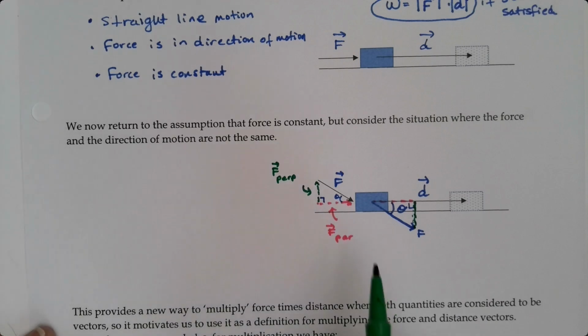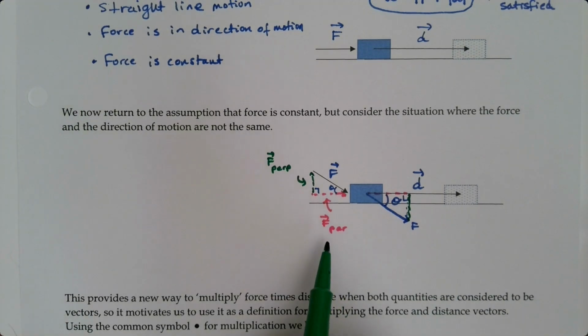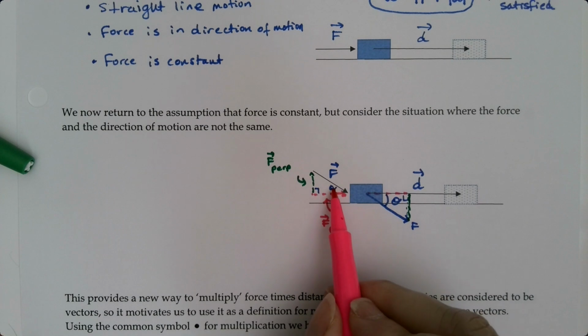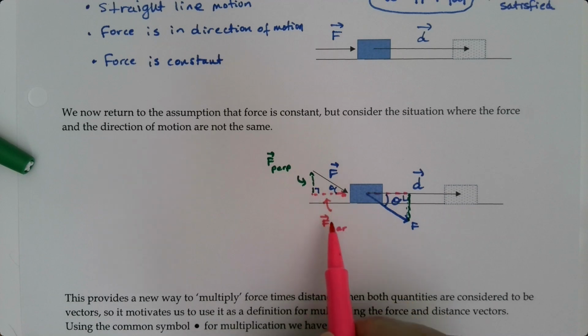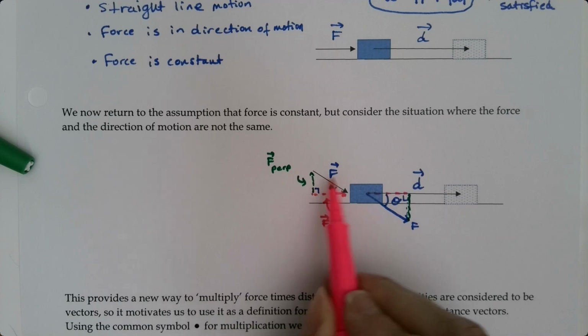All right, now what is the force component that is parallel to the direction of motion? Well, to figure out this component, we need some basic trigonometry, right? The cosine of theta is this piece divided by the magnitude of this piece.